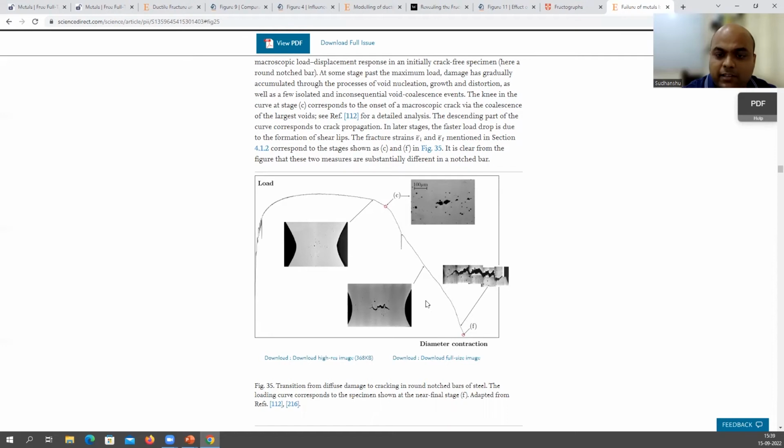Now this is also going to grow, and finally you will end up getting a very thin sheet or ligament, and that will lead to the shear lip, if you remember, right? So this very nicely shows how voids are going to nucleate, they grow, and they lead to the formation of a cavity during uniaxial tensile loading.